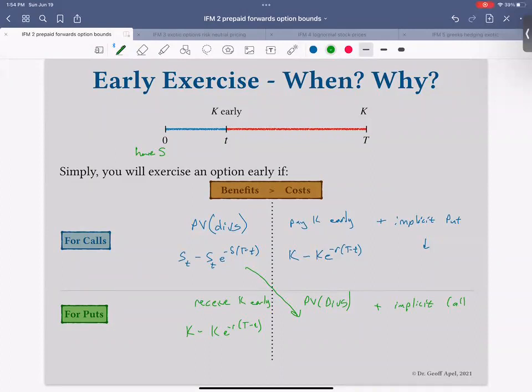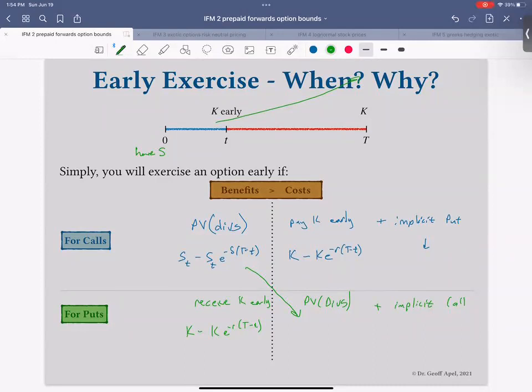Now, what would that mean for a put? Well, if I actually sold it early, that's great if the price went down. But if the price went up, oh man, I shouldn't have exercised it early, right? If the price kept going up and up, and if it was worth like $1 million later, but I sold it, that's kind of a bummer.